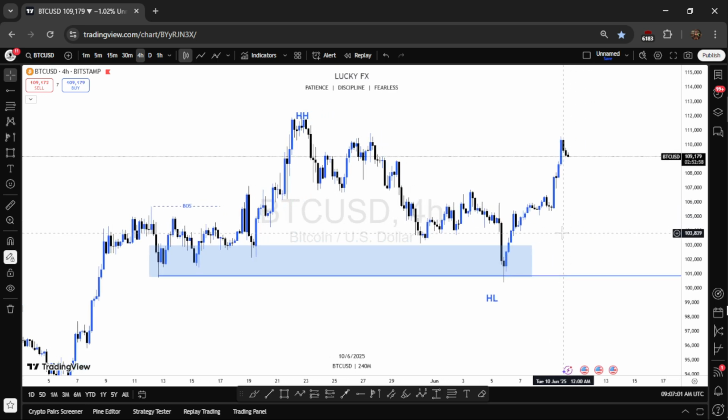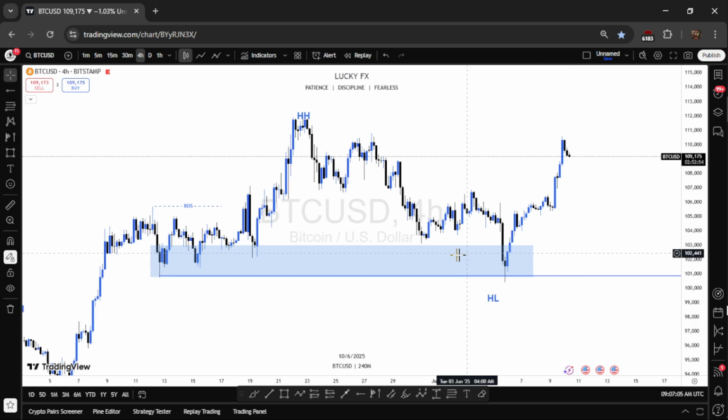So this got me thinking. If this is what price has done, one would say, okay, now price has changed its character, making this a change of character.